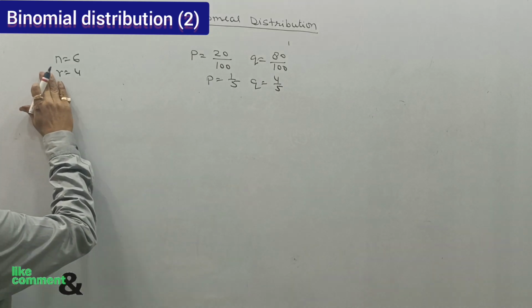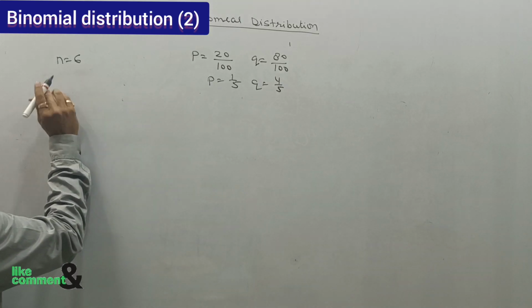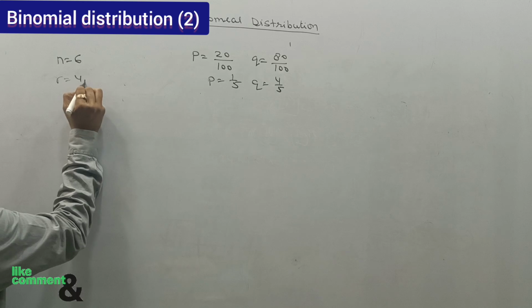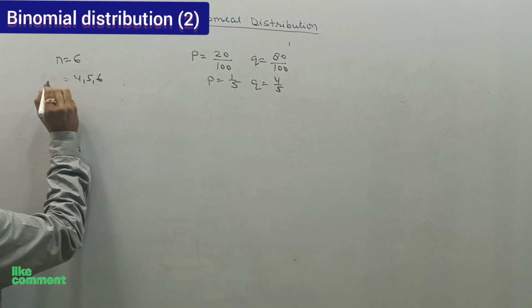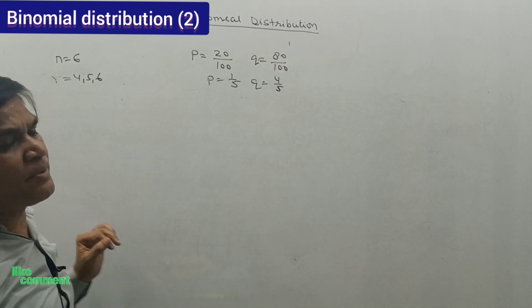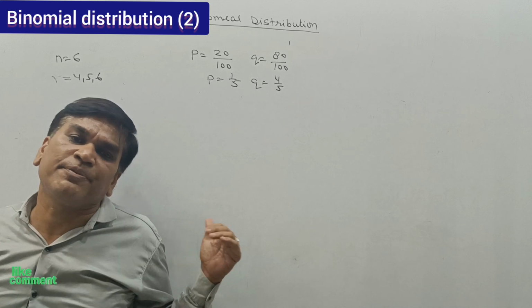We have to calculate 4 or more, so the value of R will be 4, 5 and 6. There may be 4, there may be 5 and there may be 6 persons suffering from the disease.